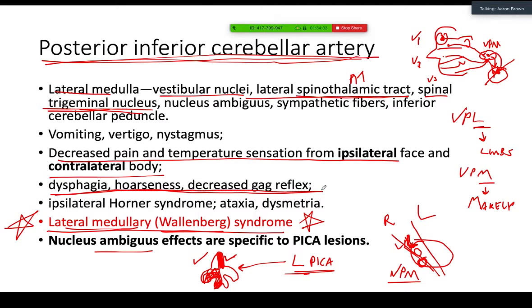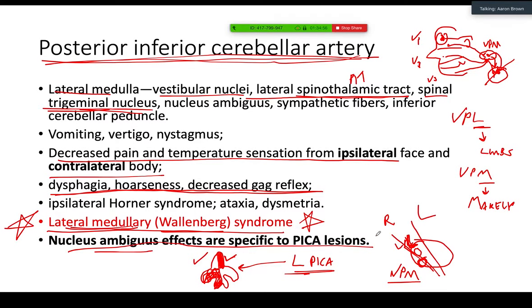Those two together means it's lateral medullary syndrome. These nucleus ambiguus effects are specific to PICA lesions, meaning I want you to look for one side of face, opposite side body, plus this difficulty swallowing, this hoarseness of the voice, decreased gag reflex, okay? It's gotta be those together.